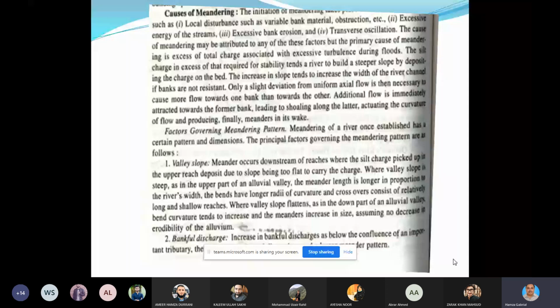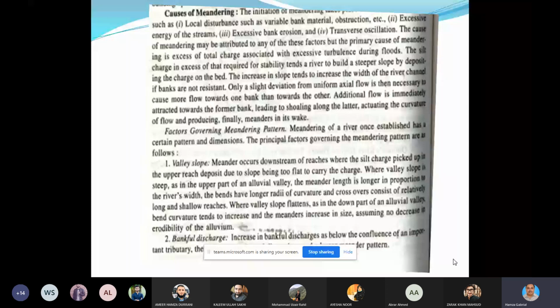If the banks are not resistant, if they are not of alluvial material, more bed erosion will take place, and the increase in slope will tend to make the width of the river wider.